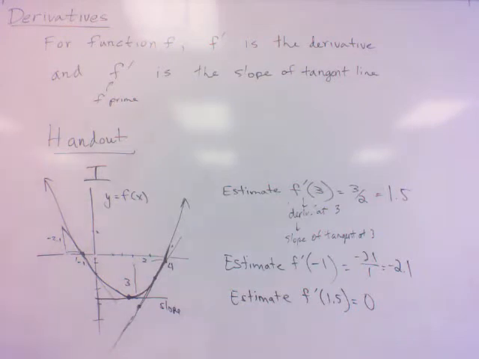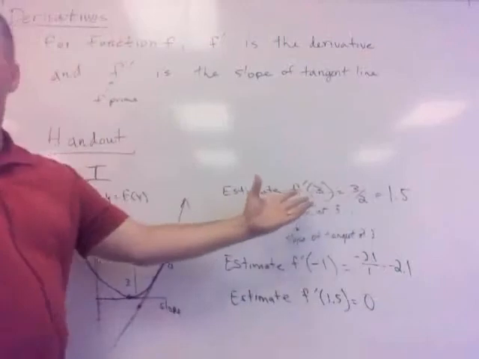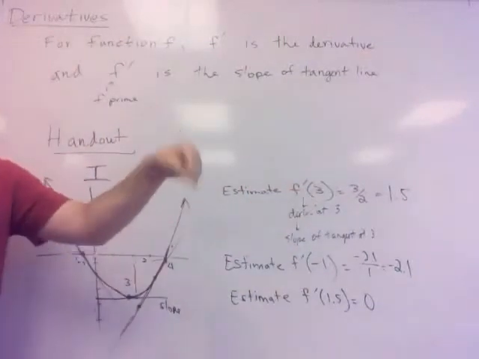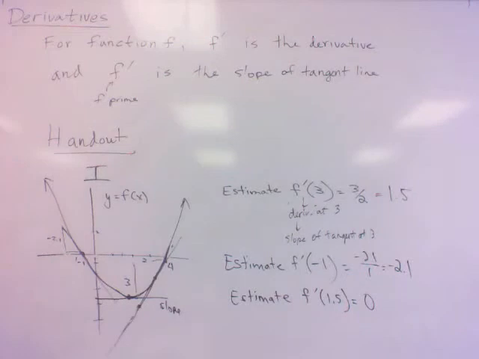So the slope there is 0. So the derivative is said to be 0. So really, all we're doing right now is we're going back to what we were talking about, the slope of the tangent lines, but now we're calling it the derivative. The derivative is the slope of the tangent line. We've done all this before. We're just doing it now in the context of derivatives.